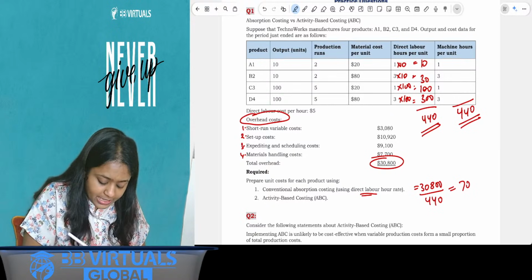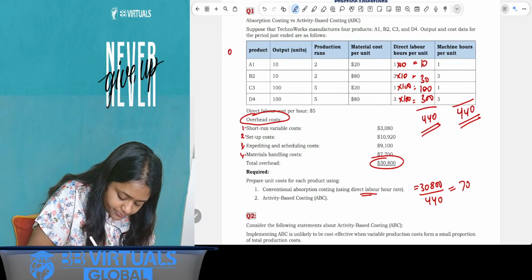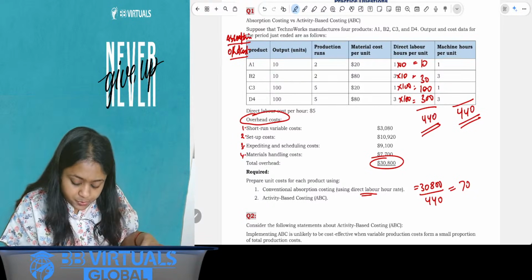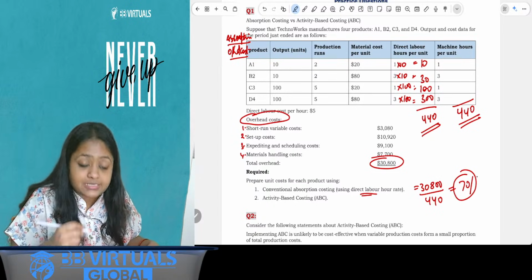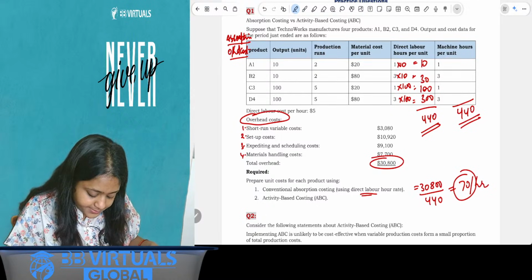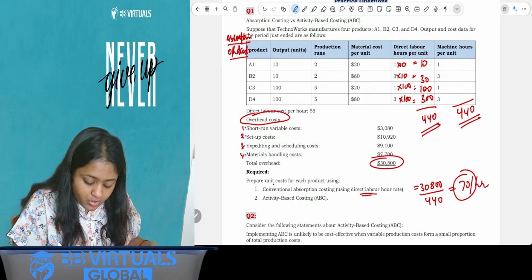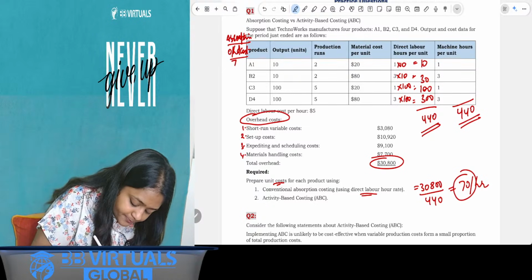Now, if I'm giving A1, B1, B2 and C3, I will write here what is the overhead cost per unit as per the absorption costing system. This is 70 per hour. And A1 requires 1 hour, so 70 into 1 is 70.